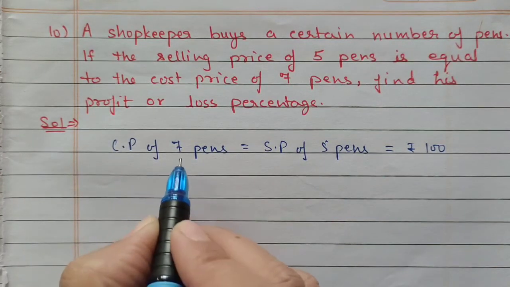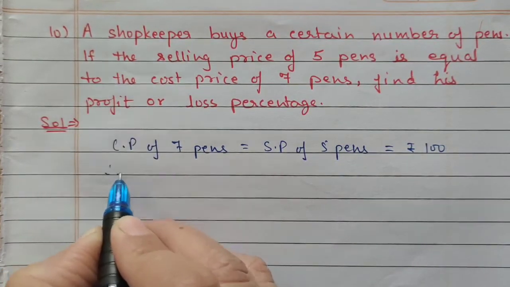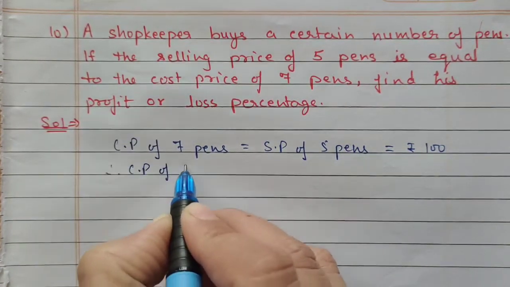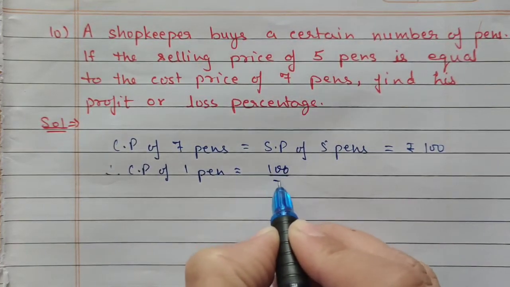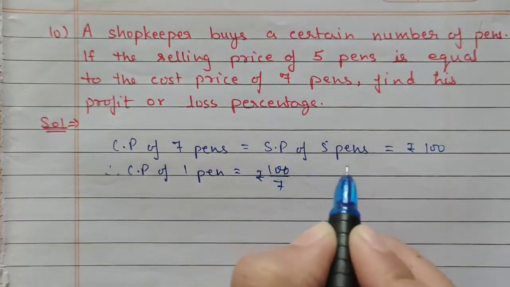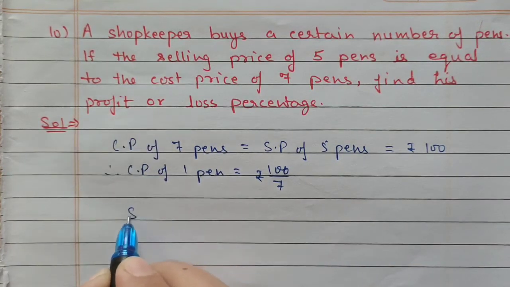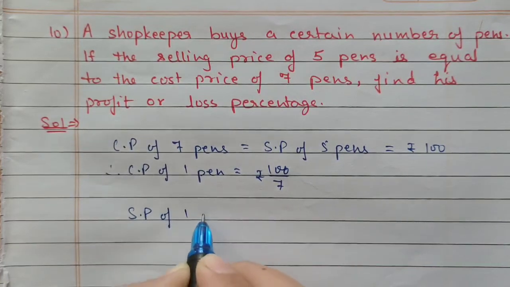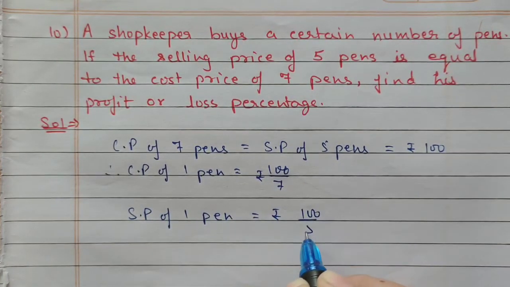Now we can find out for 1 pen's cost price and 1 pen's selling price. Therefore cost price of 1 pen will be 100 by 7 rupees. You can leave it like this, so no need to do any other calculation. And similarly selling price of 1 pen is 100 by 5.